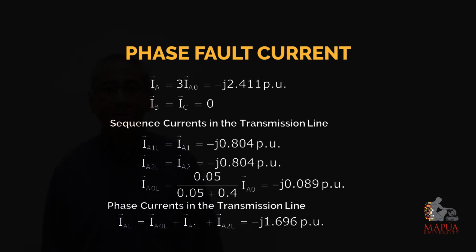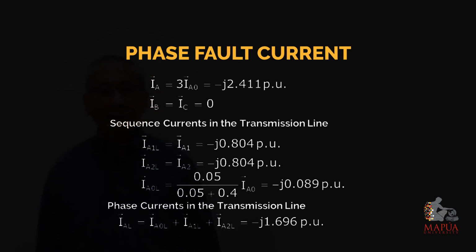Now, for the sequence currents in the transmission line, Ia1L is equal to Ia1, equal to negative J0.804 per unit. Ia2L is equal to Ia2, equal to negative J0.804 per unit.